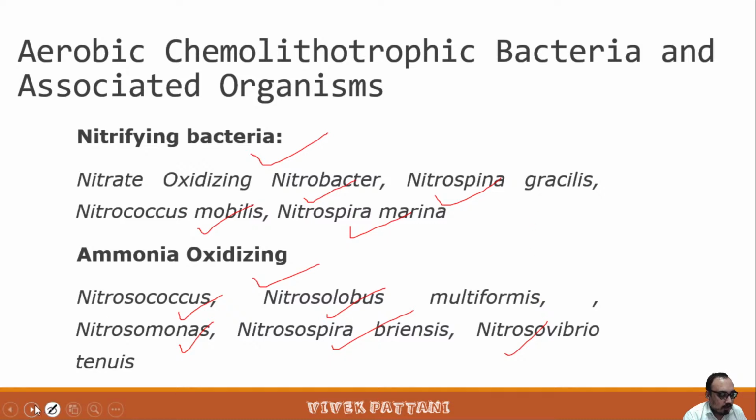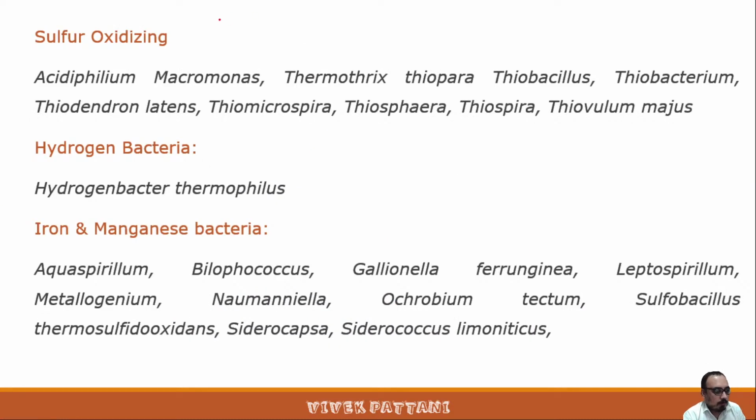Next group is sulfur oxidizing bacteria, which includes Acidiphilium, Macromonas, Thermothrix thiopara, Thiobacillus, Thiobacterium, Thiodendron latens, Thiomicrospira, Thiospira, Thiovulum majus.